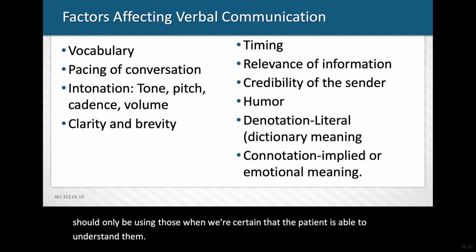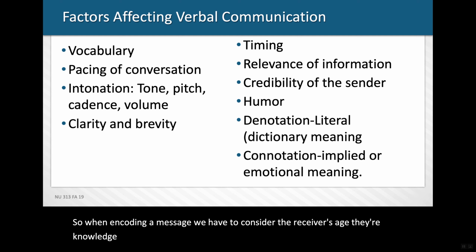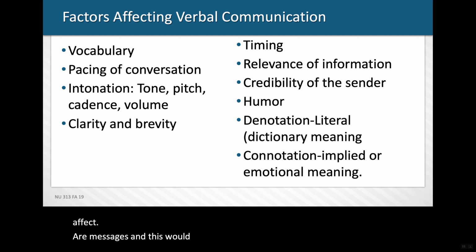So when encoding a message, we have to consider the receiver's age, their knowledge level, their education, and any cultural differences that we think might affect our messages. And this would also include their primary language.